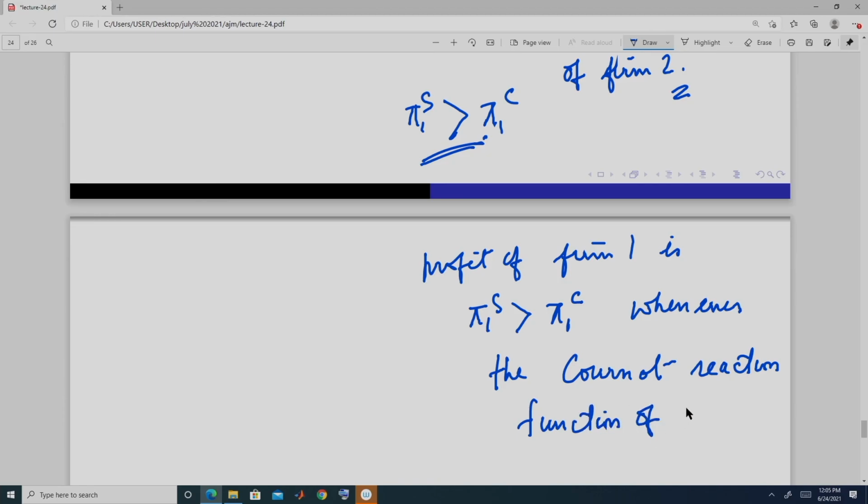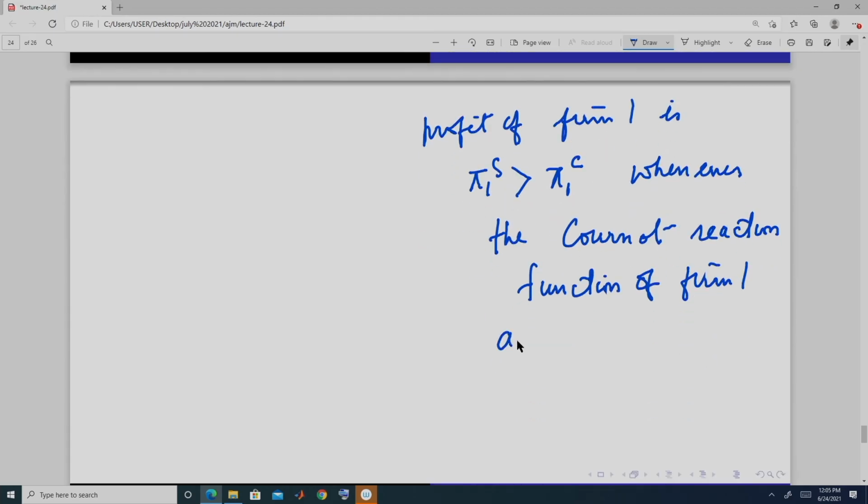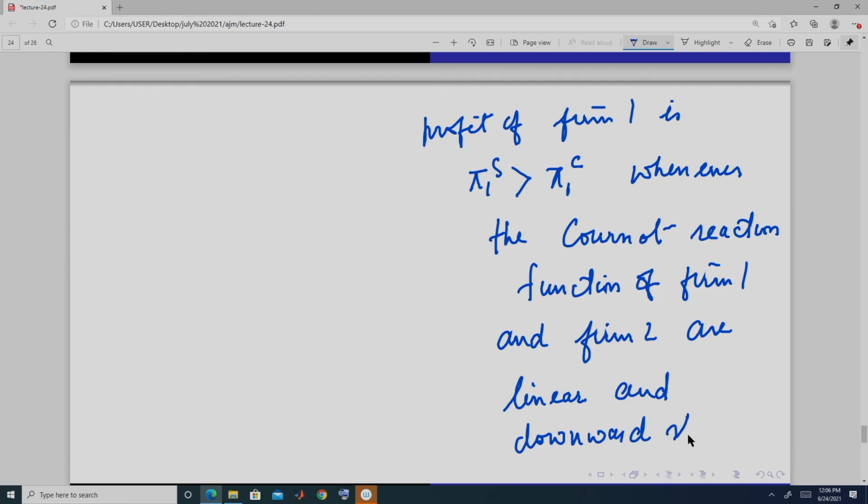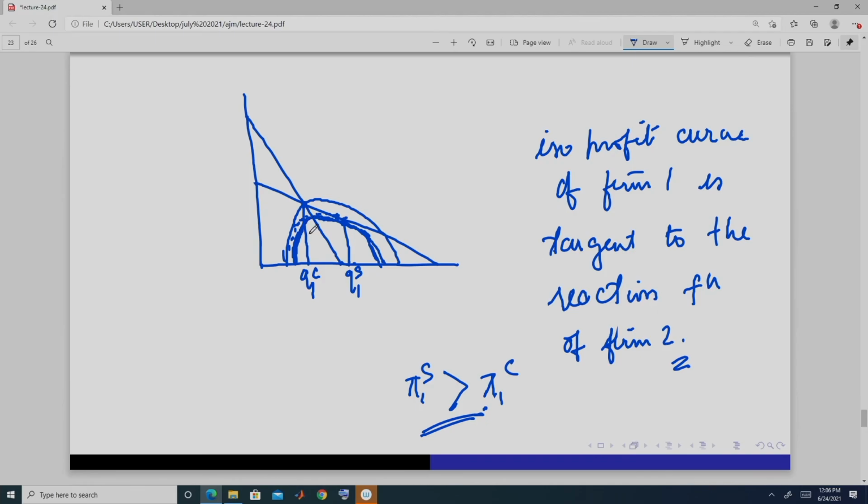When the Cournot reaction functions of firm 1 and firm 2 are linear and downward sloping, or as given in this figure, right.